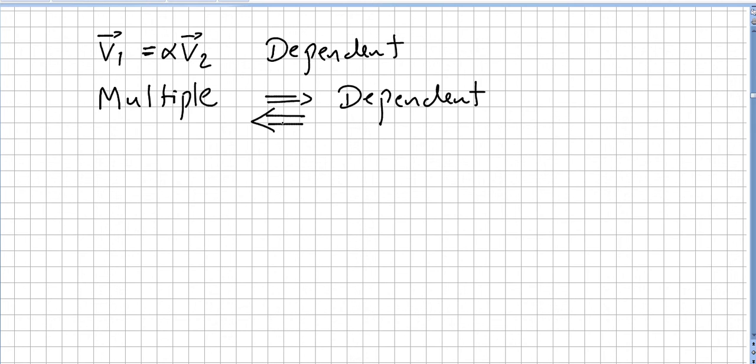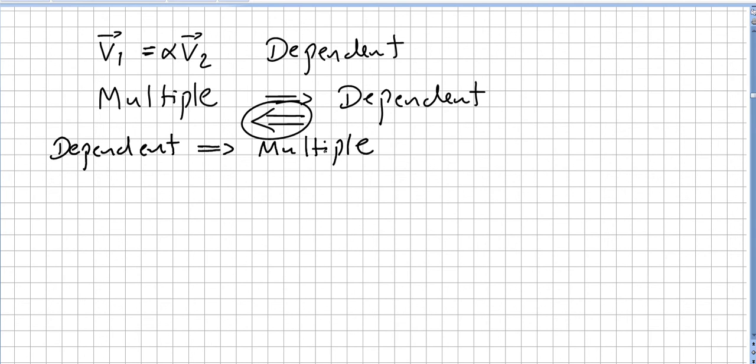Let me pick, for instance, this direction first. I'm going to prove that, let us say they are dependent, so dependent vectors are multiples of each other.